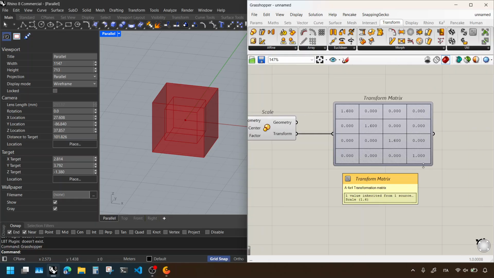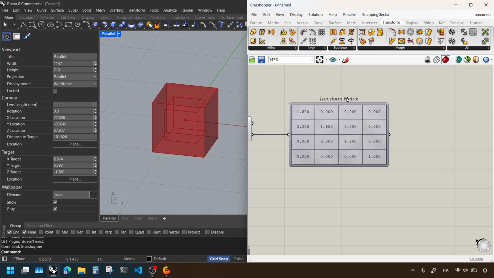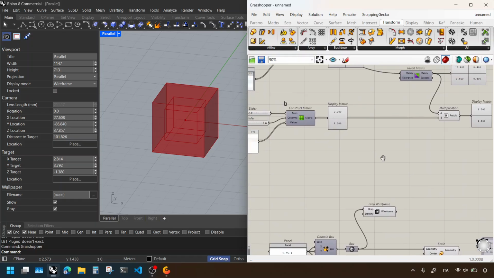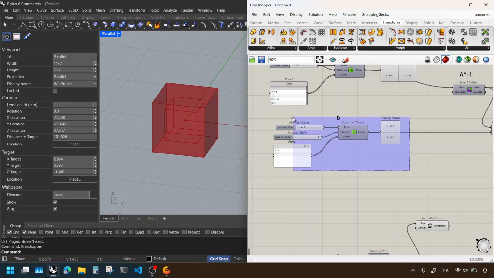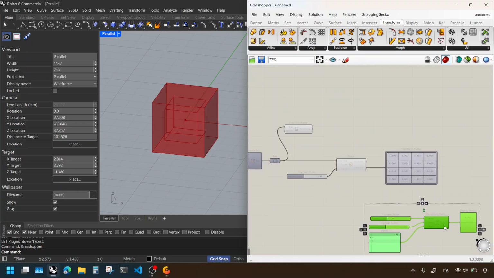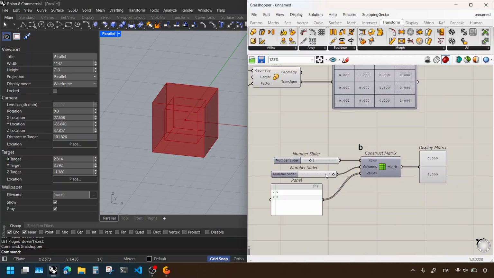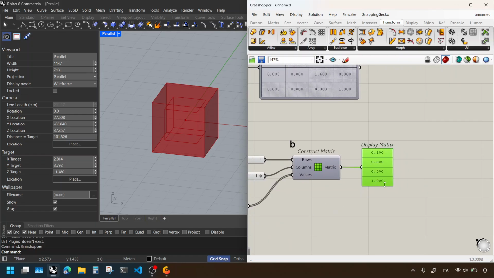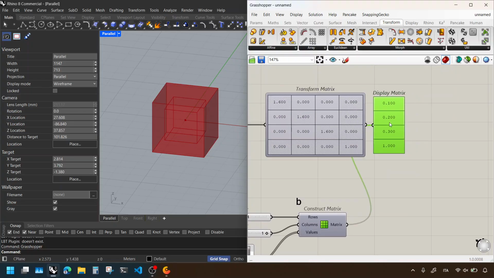Why is it a 4x4? Well, let me just take this, okay, just to show you what happens. So you're getting a value, let's go 4, and then this is maybe 1, 2, 3, actually, let's say 0.1, 0.2, 0.3, okay, and then 1. Okay, so this is actually the vector you are multiplying this matrix by. So the first 3 will contain the actual coordinates of the points.